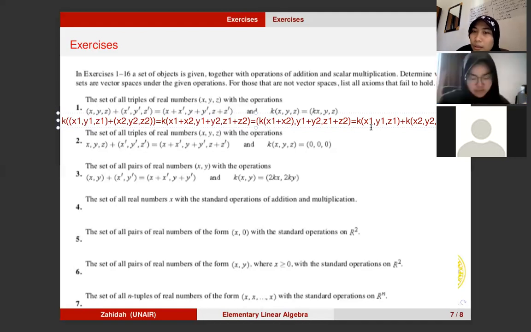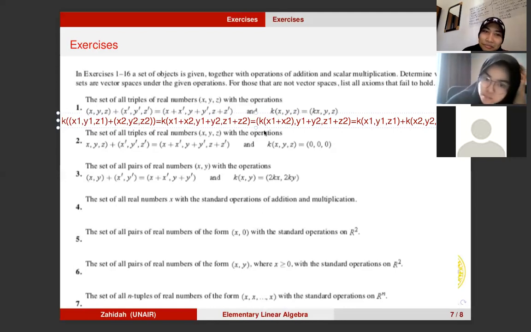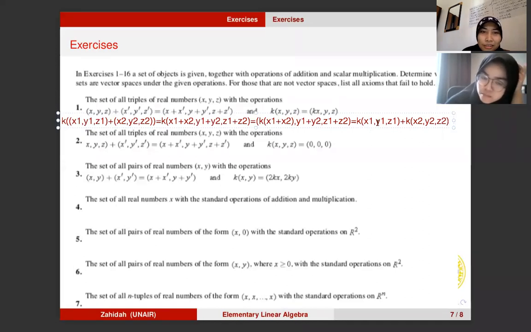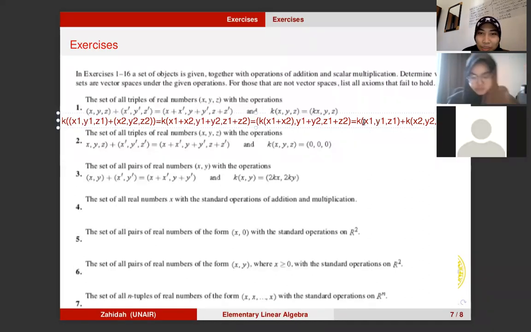That's why we said that it's not satisfied axiom 7. No, axiom 7 or another axiom. This is for axiom number 7, right? Satisfy. So we cannot say example 1 fails on axiom 7. No, it's not.